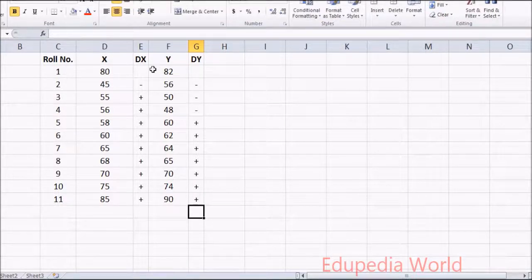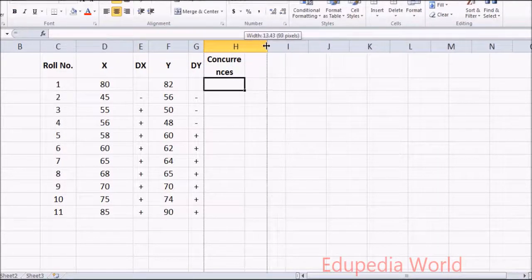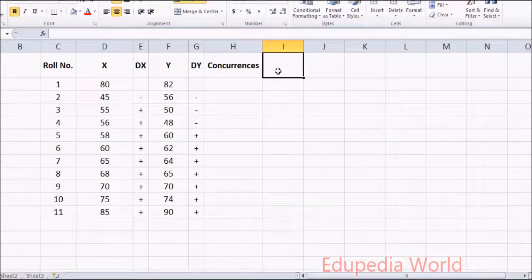Once you have marked the deviations of both X and Y, I need to check the concurrences in the next column, and the disagreements.